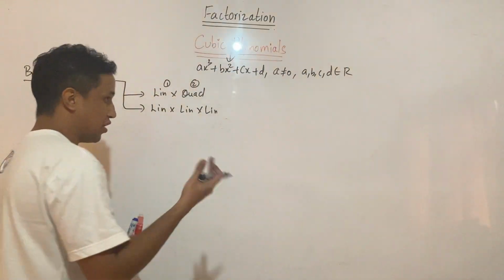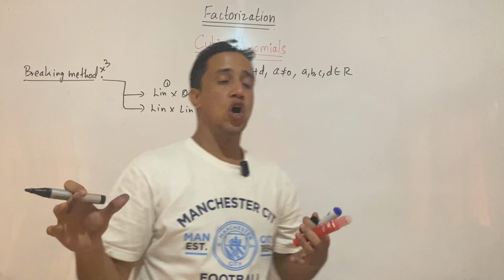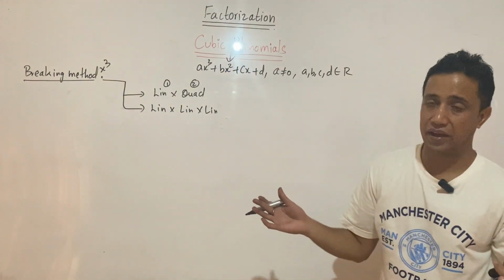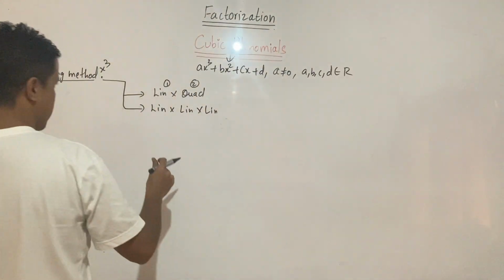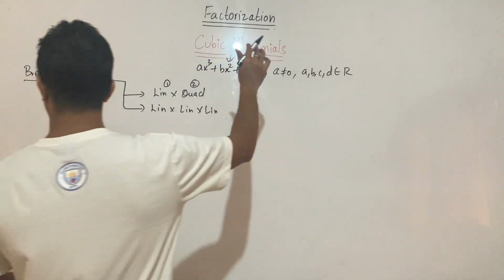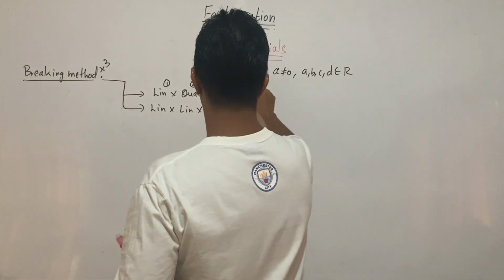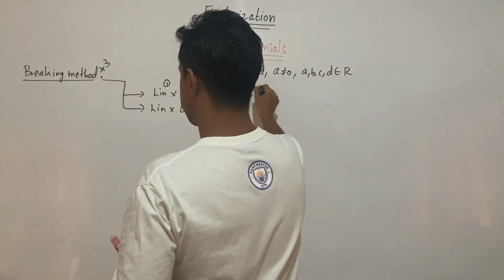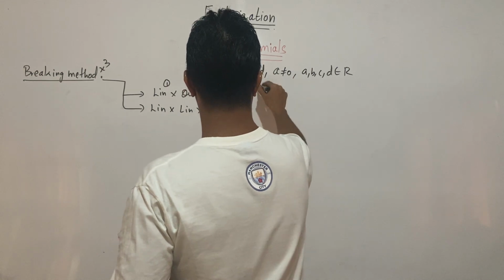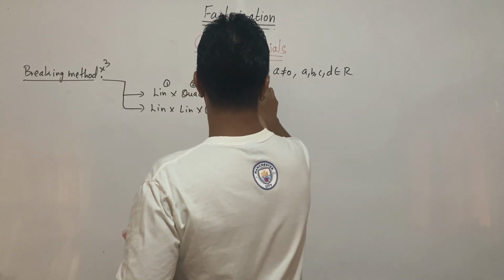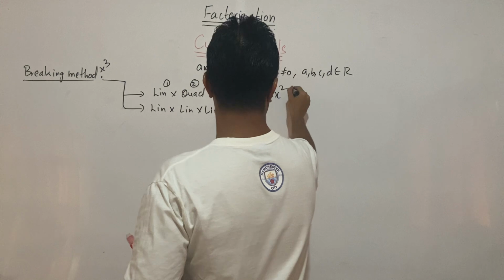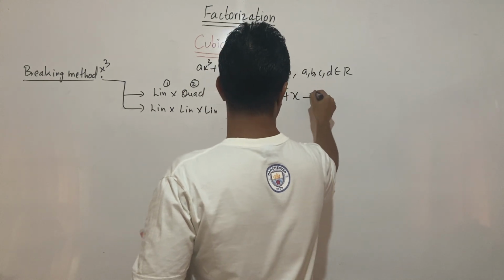This method is nothing but the hit and trial method. What does it mean? Let's take an example. For example, the given polynomial is 3x cubed plus 18x squared plus x plus 6.